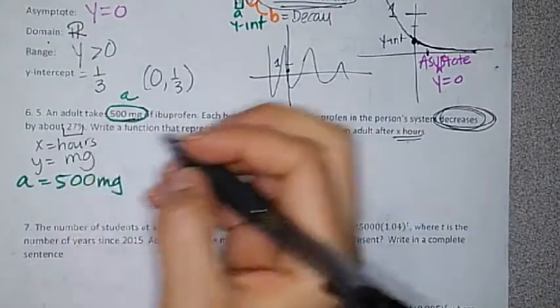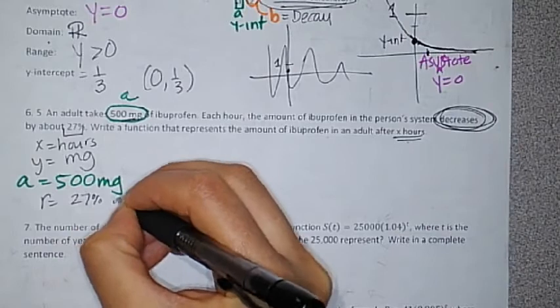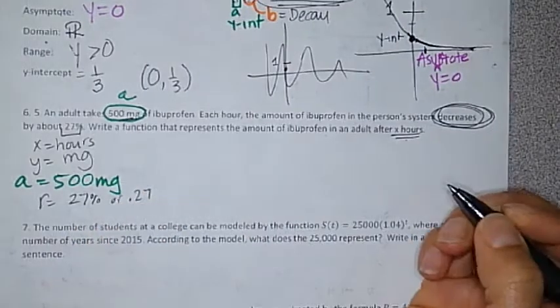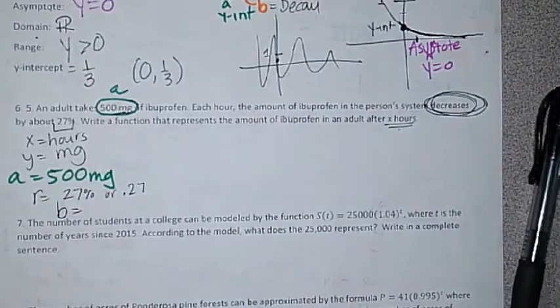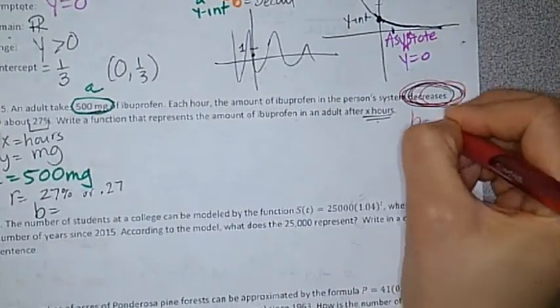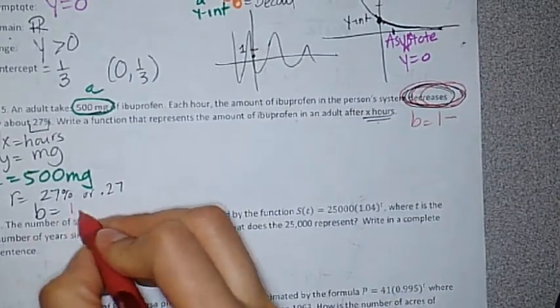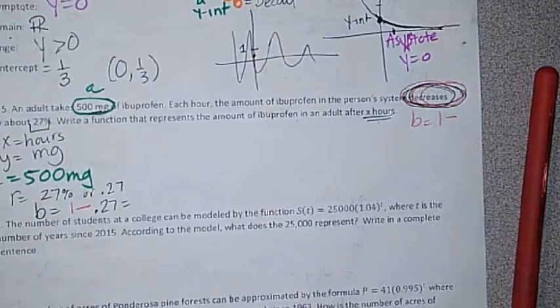My rate is 27%, or 0.27, or 27 hundredths. So that means my B, because this is a decrease, is going to be B equals 1 minus 0.27.